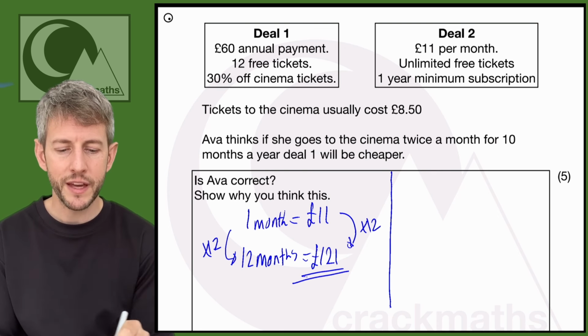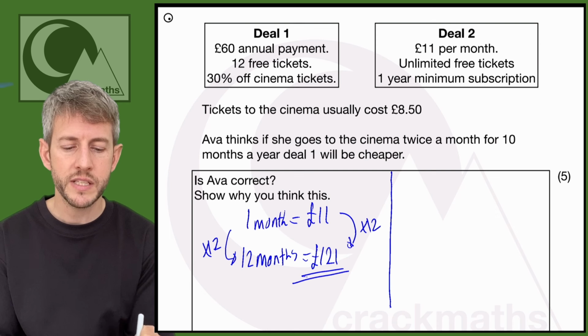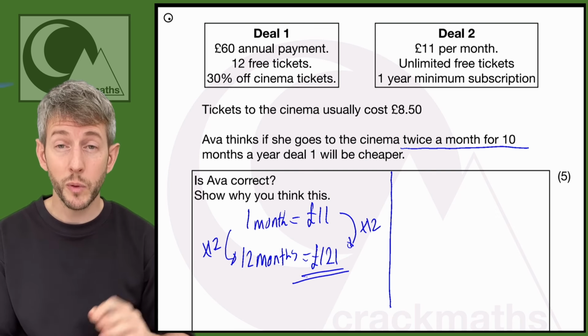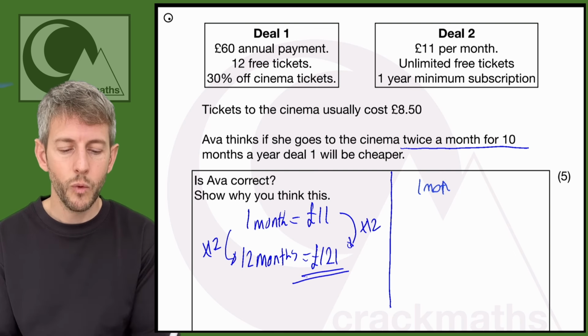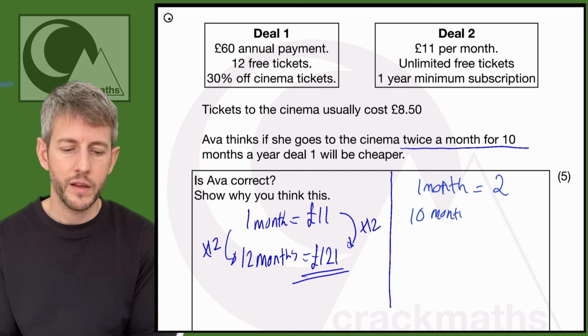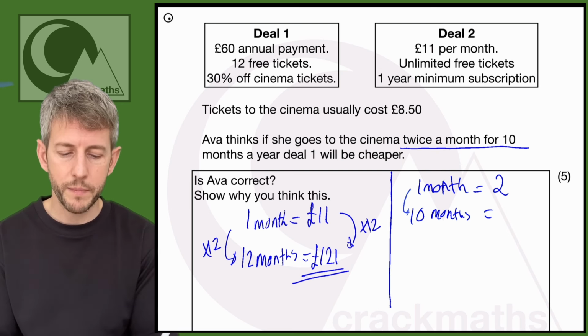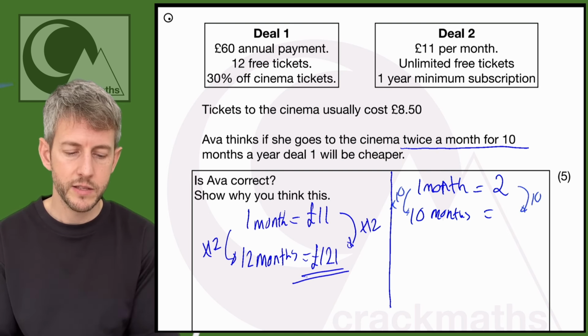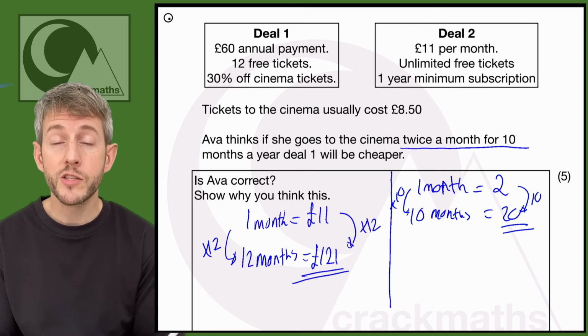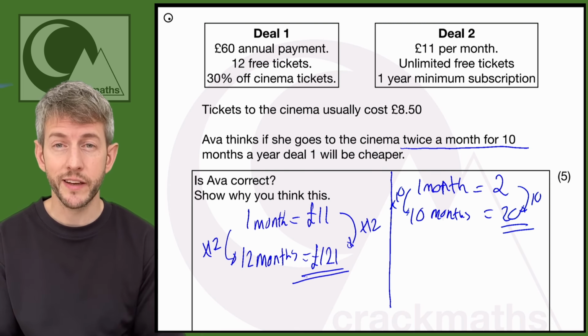So Ava thinks she will go to the cinema twice a month for 10 months. So 1 month equals 2 tickets. So 10 months equals, times that by 10, 20. So Ava's looking to buy 20 tickets.